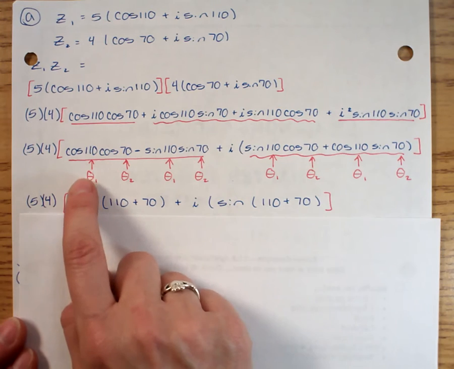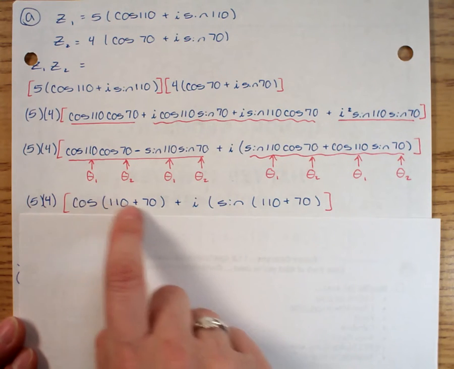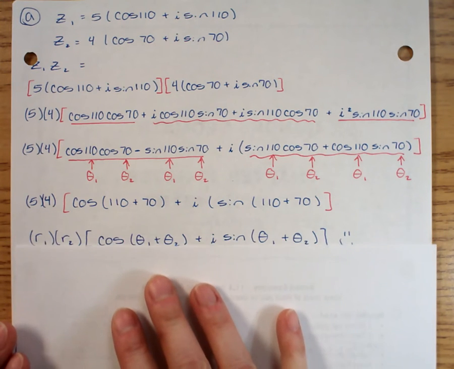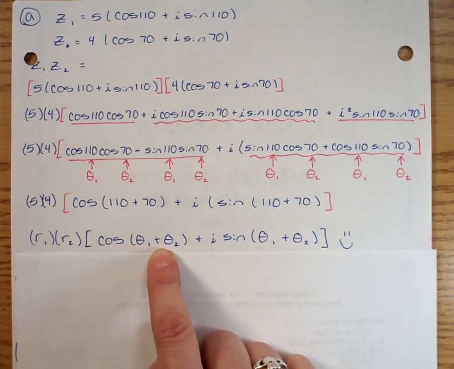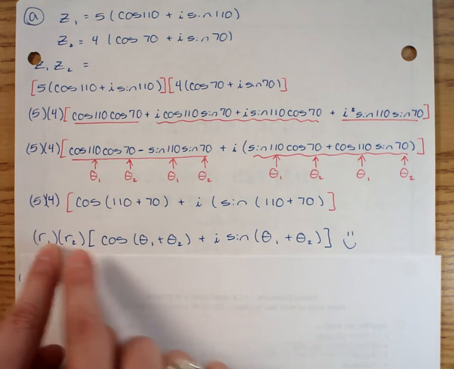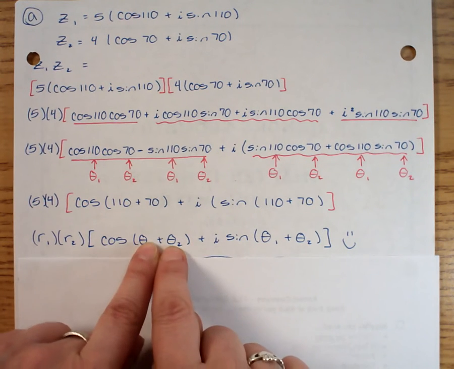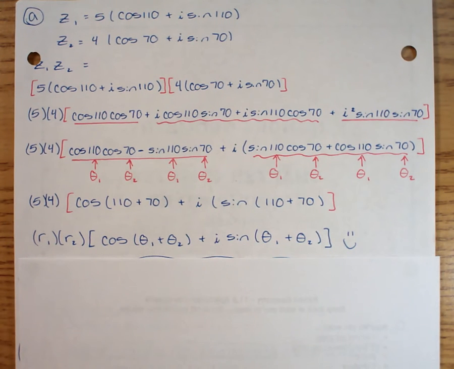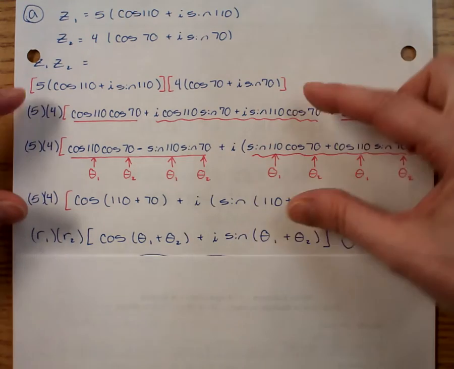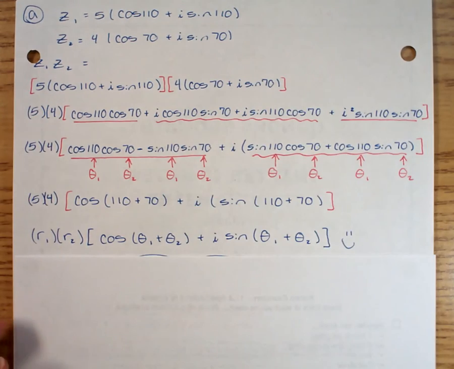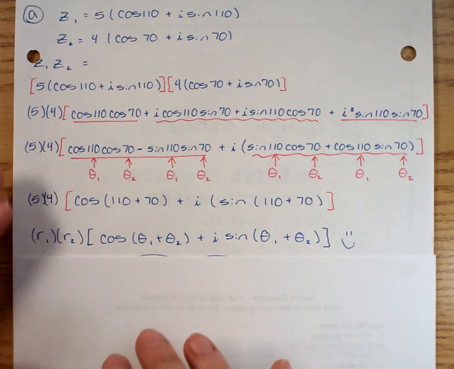So then if I think of the 110 and the 70 as a theta and a theta 1, I can write this in that general form that I had on the previous page: product of the two R values, cosine sum of the angles, I sine sum of the angles. So obviously if you know the formula, it's going to be much easier because you can skip all of this middle stuff and then just jump and do the evaluating and the simplifying that we saw on the previous page.